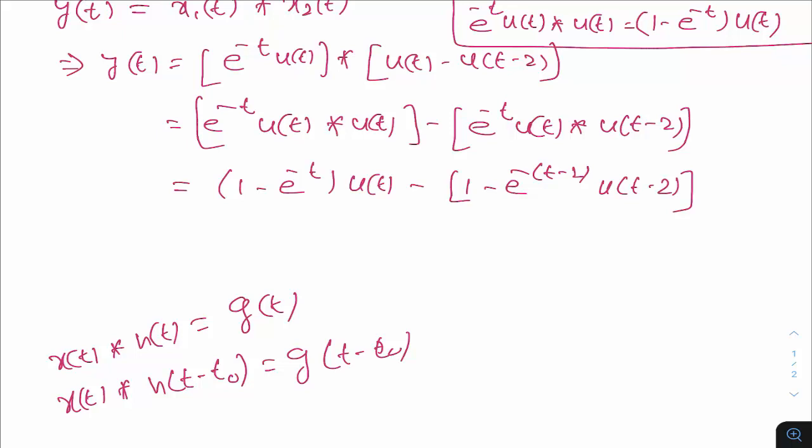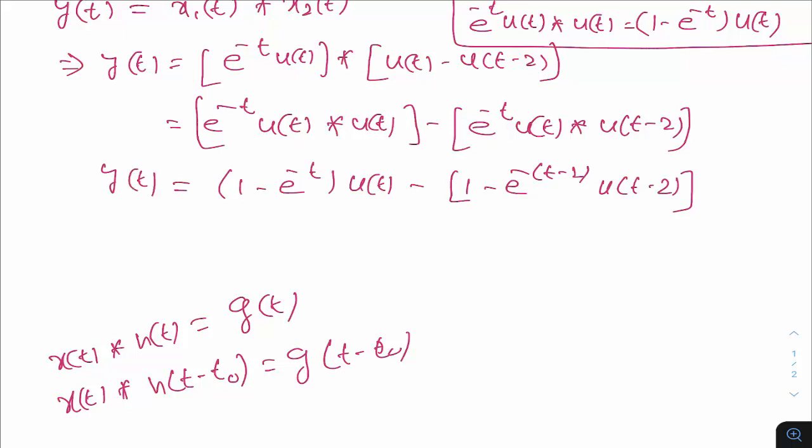So in this case, this is your x of t and this is your h of t minus t naught, so in the result you have to replace t with t minus 2. Okay, so that's what I did here. This is the expression of your y of t.